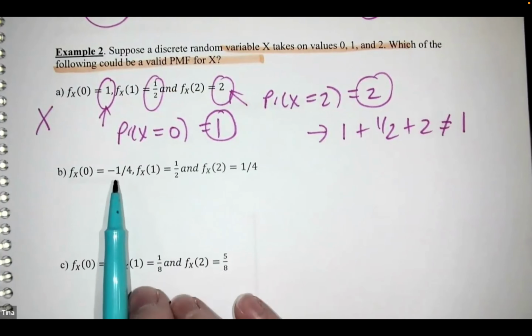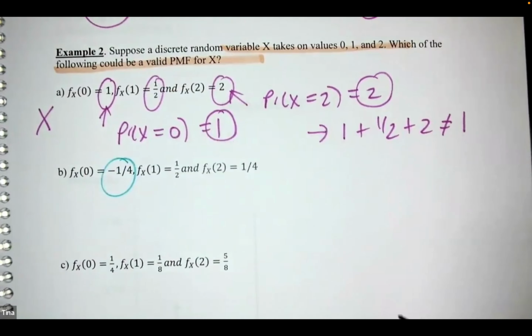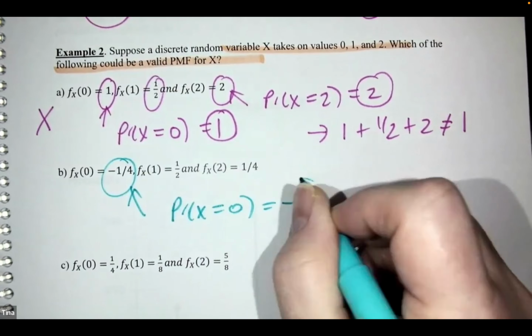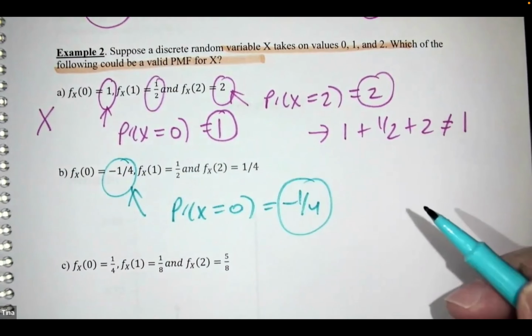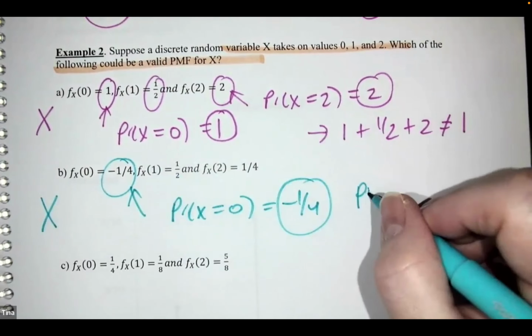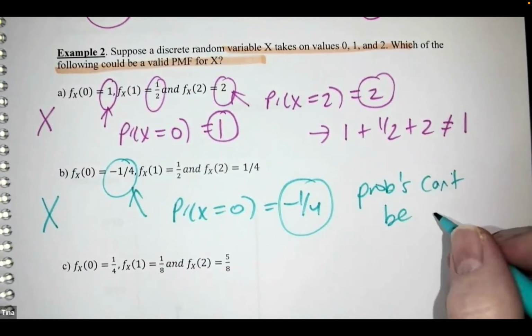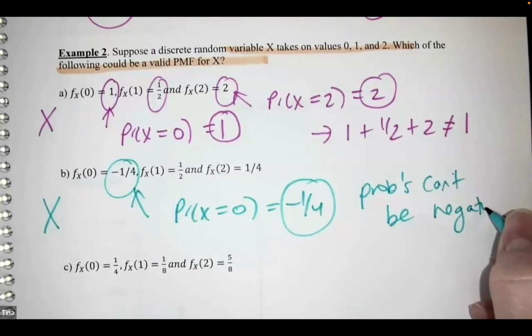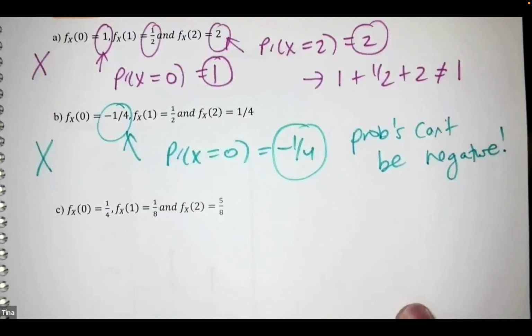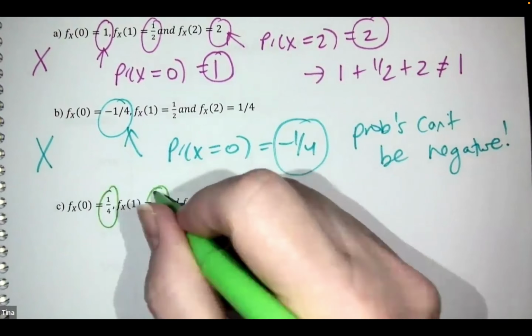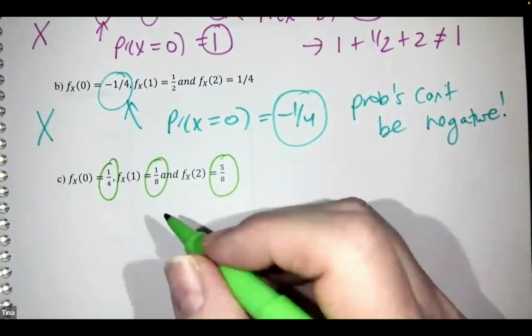Second one. This one has a negative. That's saying the probability that X is 0 is a negative number. That doesn't make any sense, right? Probabilities can never be negative. The smallest they can be is 0. Okay? So third one: a quarter, an eighth, and 5/8.